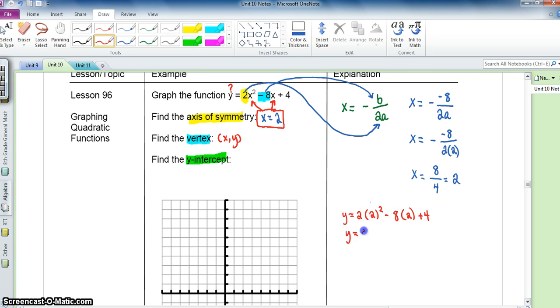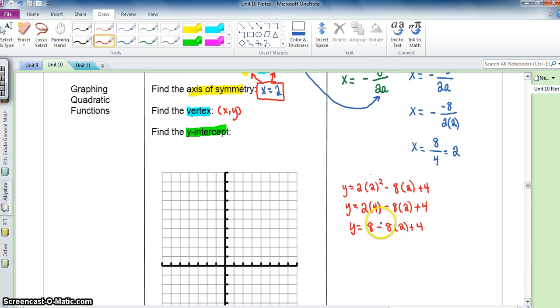Well, 2 squared is 4. And 2 times 4 is 8. And a negative 8 times 2 is a negative 16. An 8 minus a 16 is a negative 8.